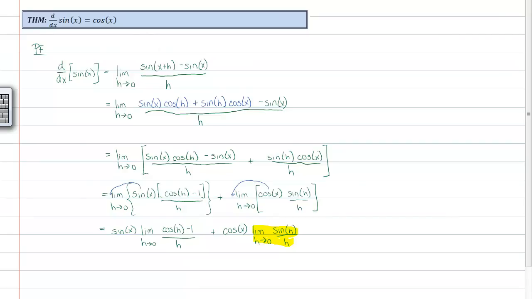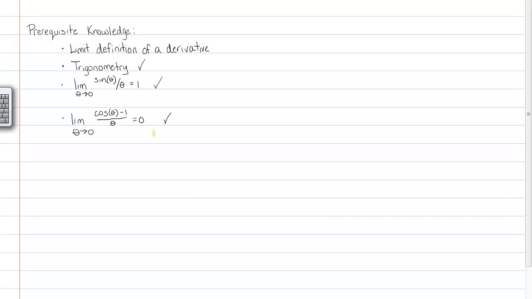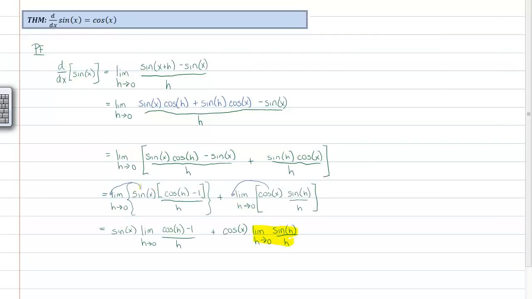Also, the other limit, as the variable approaches 0 of the cosine of the variable minus 1 over the variable, is going to turn into 0. That looks dead on like this guy right here. So that first limit will turn into 0, and that second limit will turn into 1.